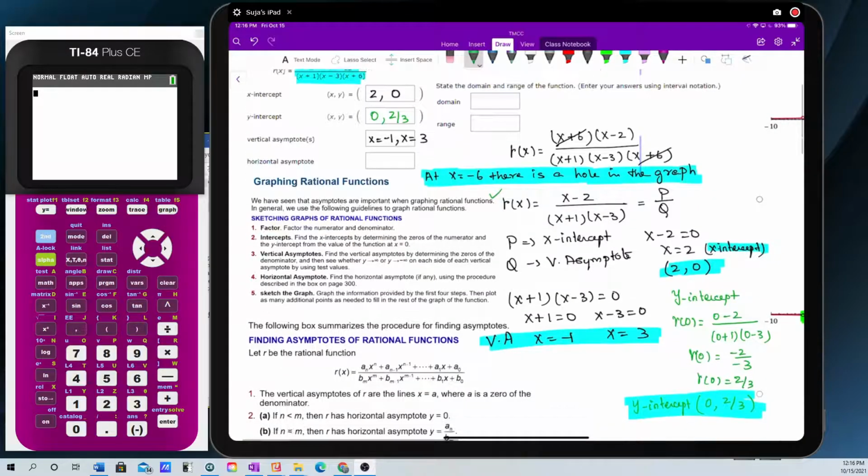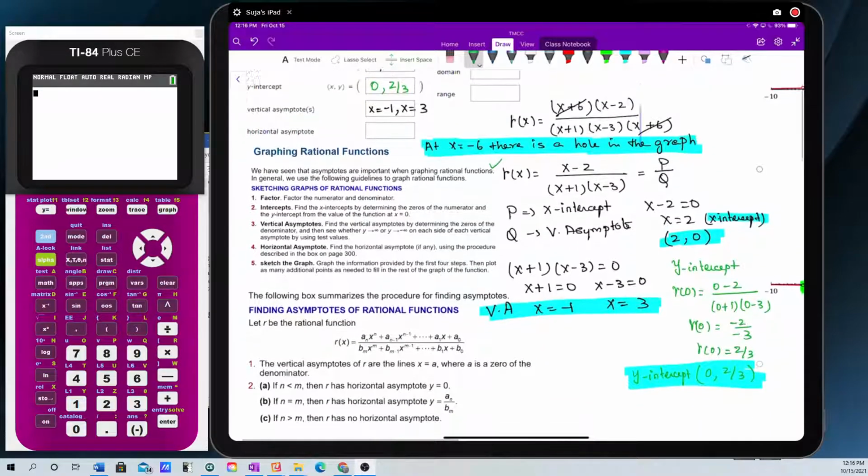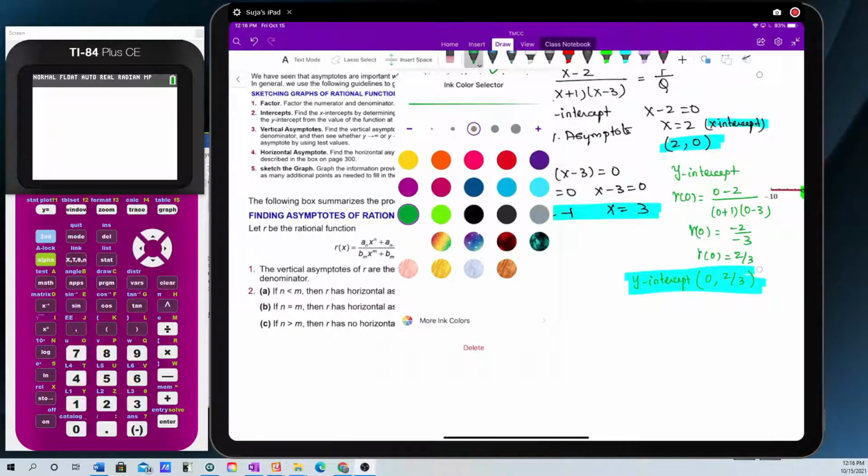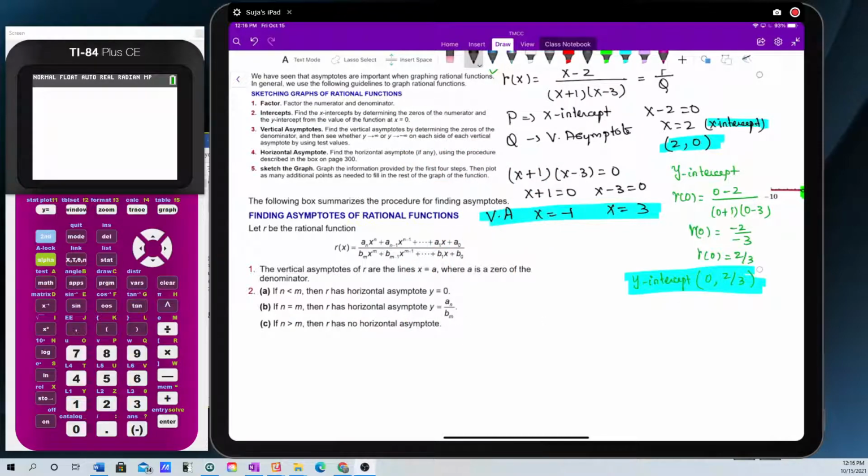Now the next step is to find the horizontal asymptote. If you look at the function r of x equals x minus 2 over x plus 1 times x minus 3, the degree of the numerator is 1 and the degree of the denominator is 2.